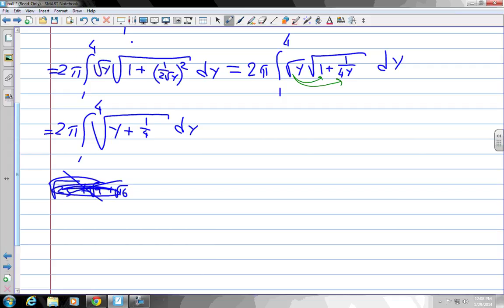But I can just think of this as the antiderivative of square root, because there's no constants in front of y. So how do we do the square roots? It's y plus 1/4 to the power 3/2 times 2/3 from 1 to 4, right? Is that okay? It's just doing the square root. So 4 pi over 3, and then plug in 4.